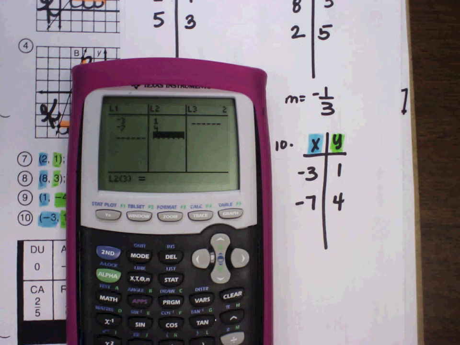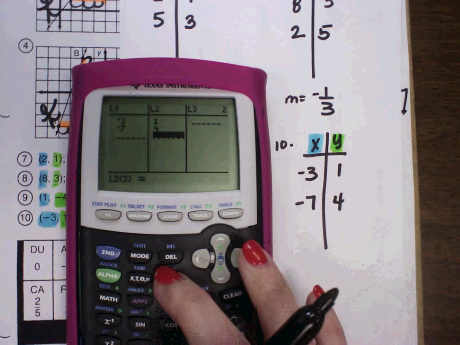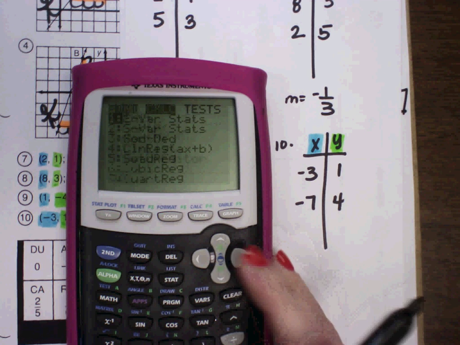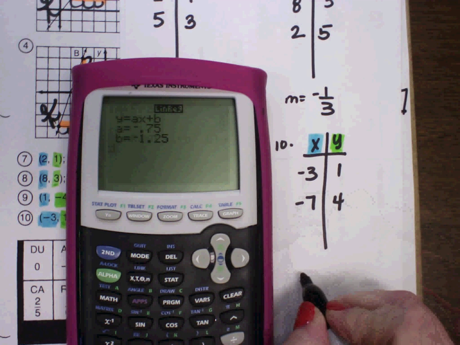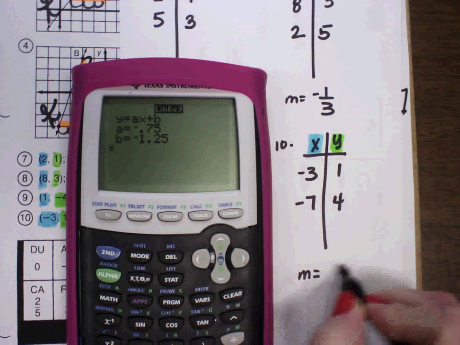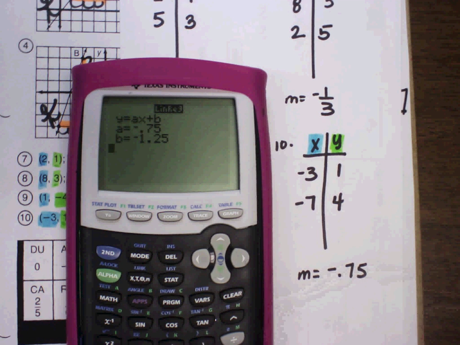Yay? Yes? All right, what do I do now? Back to stat, calc, and I'm going to do a linear regression, and then all the way down. Very good. What's my slope? -0.75, right? It's not 1/4. We're looking at A, right?